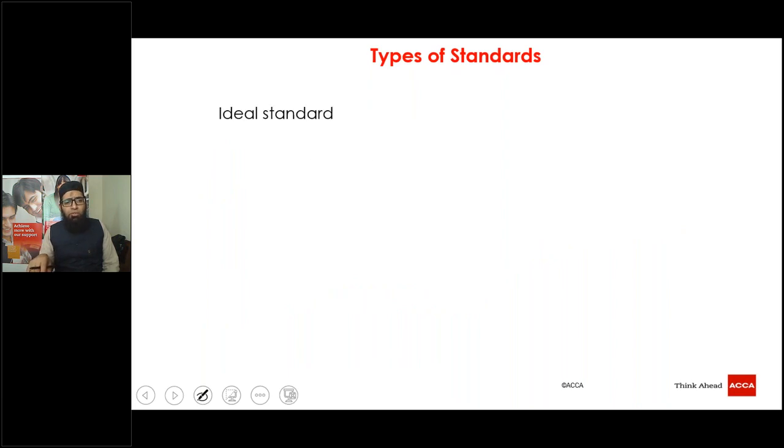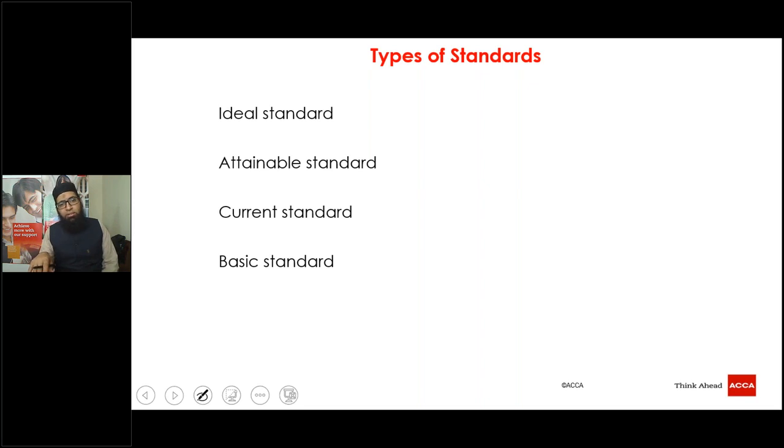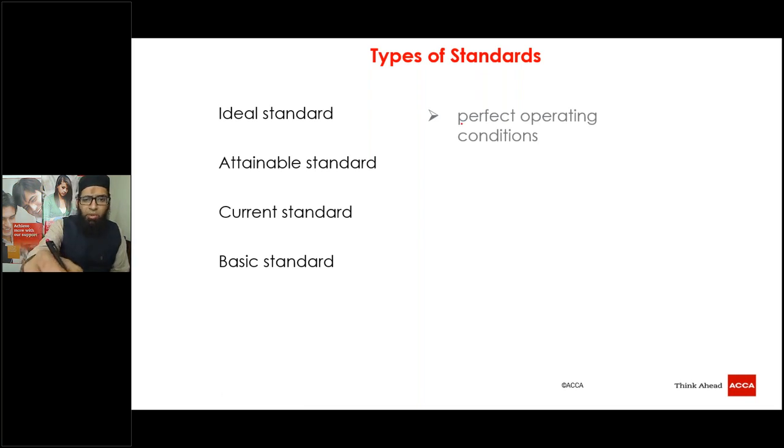Now there are different types of standard. The first one, ideal standard. The second one is attainable. The third one is current standard, and the fourth one is basic standard. The ideal standard is a standard that is set based on perfect operating conditions, perfect working conditions.